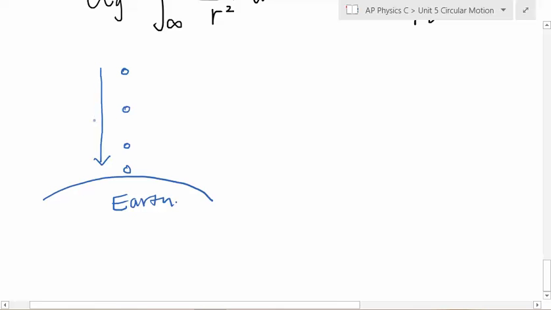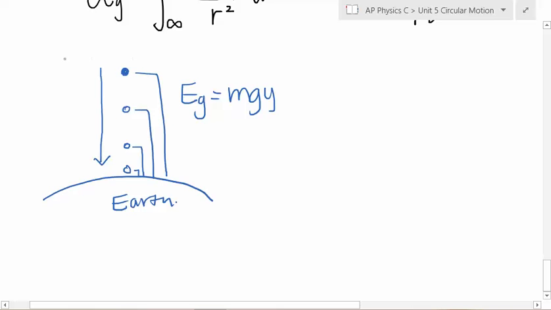The gravitational potential energy? So E sub g is mgy. So we've got this y, this y, this y, and this y. At what place do you have the most gravitational potential energy? At the highest point, we have the most.